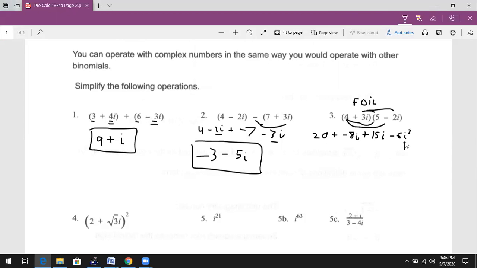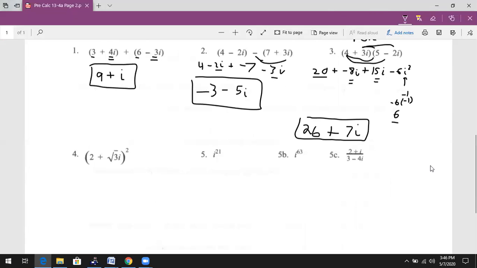But keep in mind that i squared is a negative 1, so essentially I have negative 6 times negative 1, which is a positive 6. So combining real part to real part, 20 plus 6 gives me 26. Combining imaginary parts, negative 8i plus 15i is plus 7i. In a plus bi form, we want the real part followed by the imaginary part, 26 plus 7i.